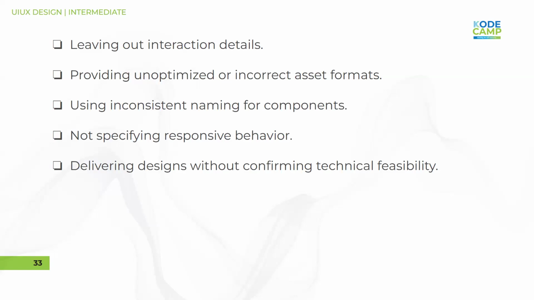So, not specifying responsive behavior. Without guidance on how the design should adapt across screen sizes, developers may improvise, and the results may not match your vision. Personally, when I'm designing for mobile responsiveness, I like my elements to be center aligned.